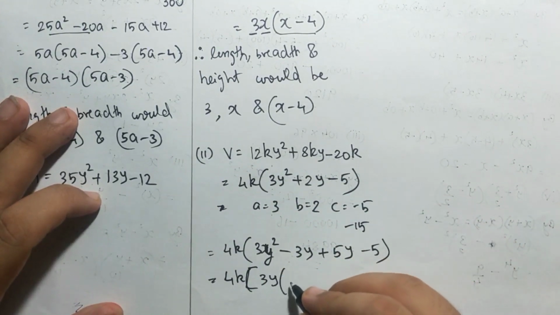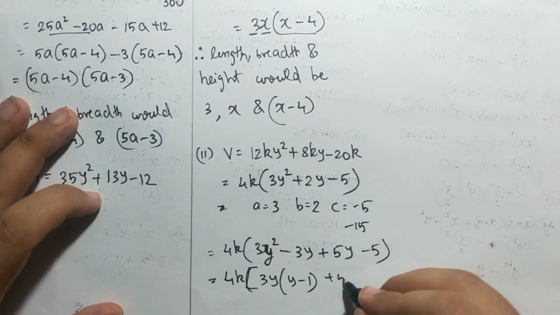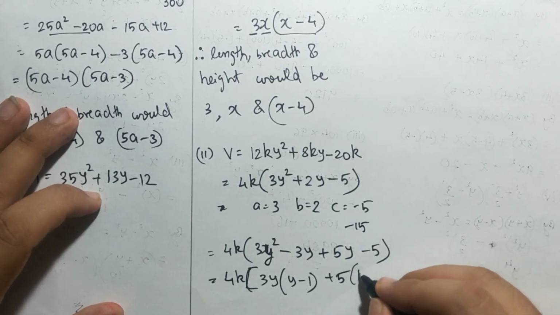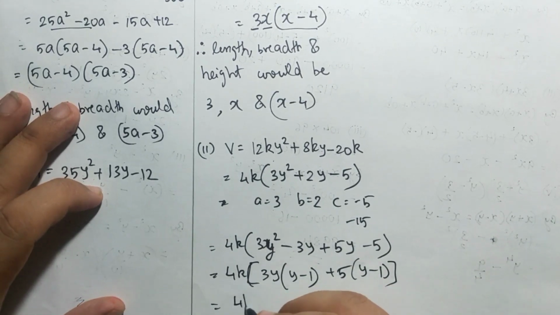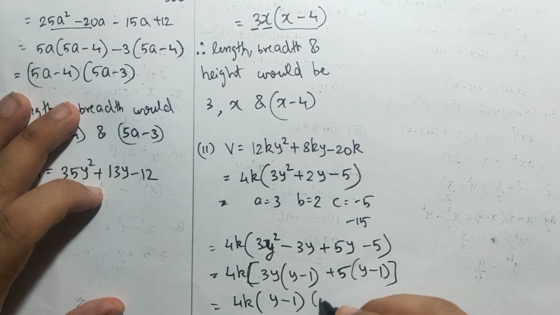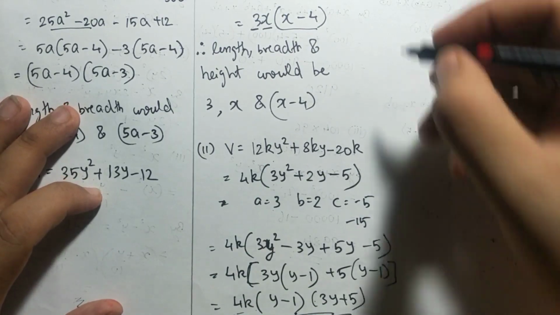What is remaining? y minus 1. From the last two terms, what is common? 5. What is remaining? y minus 1. The final answer would be 4k, y minus 1, 3y plus 5. As you can see, there are three terms.